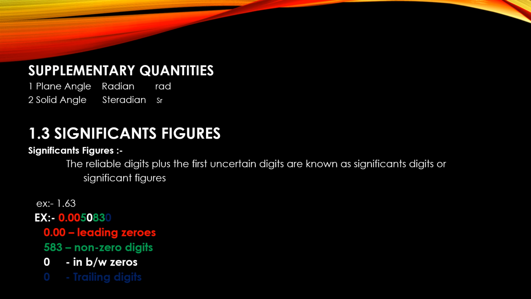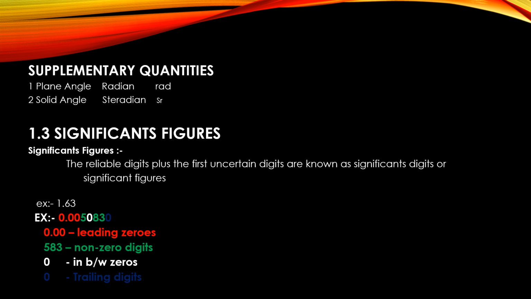Another example you can take is 0.0050830. Here the leading zeros, that is 0.00, come before the number. They are not significant. They only show the position of the decimal. 583 are non-zero digits, and these are always significant.